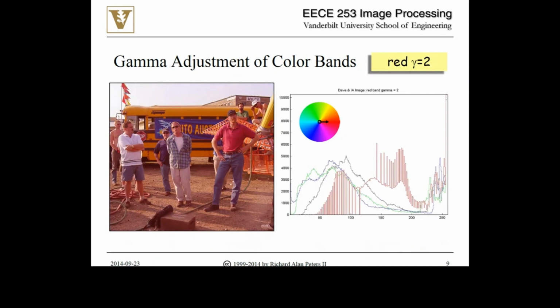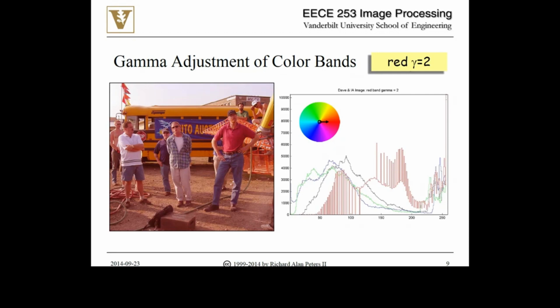And now, what we do is we shift just the red channel, or we apply a gamma transformation with gamma equal 2. With gamma equal 2, what it does is you are bending the identity transformation.